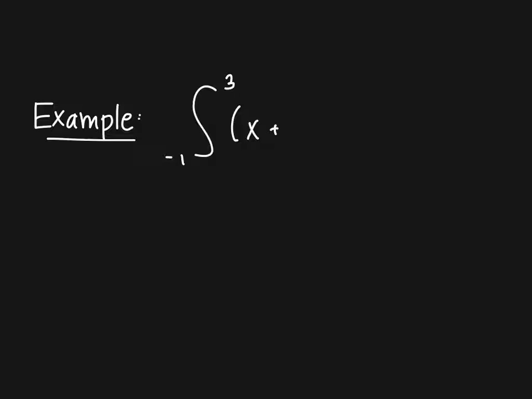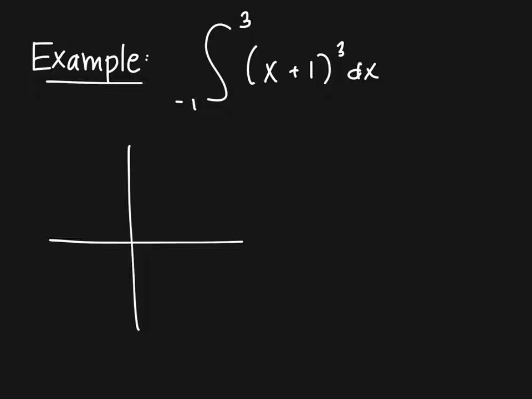Okay, how about this? The integral from -1 to 3 of (x plus 1) cubed dx. So now we're dealing with a cubic. If we take a visual, the cubic has been shifted 1 to the left, so it'll look like this coming through -1.